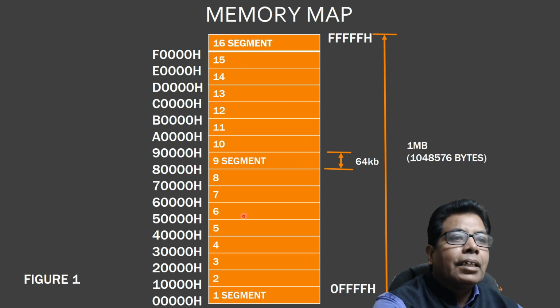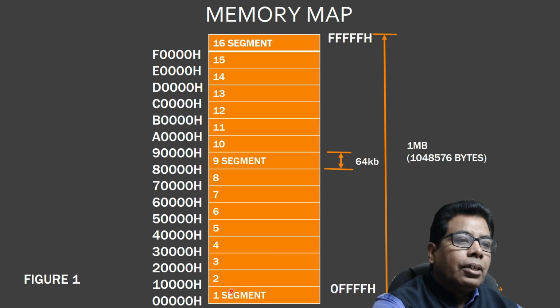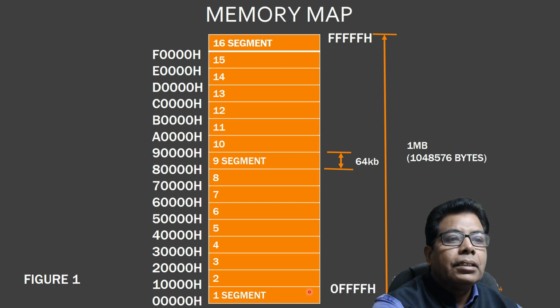Then each segment has capacity of 64 KB. This is shown here. You can see the first segment is 00000H to 0FFFFH. So this total space is 64 KB.